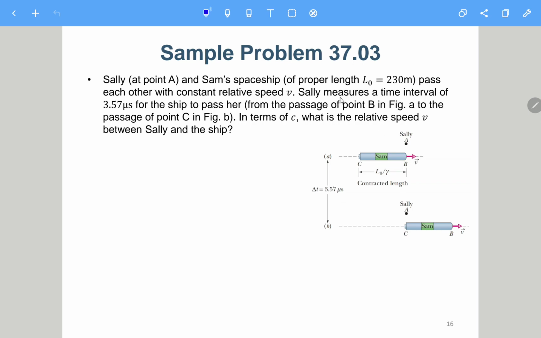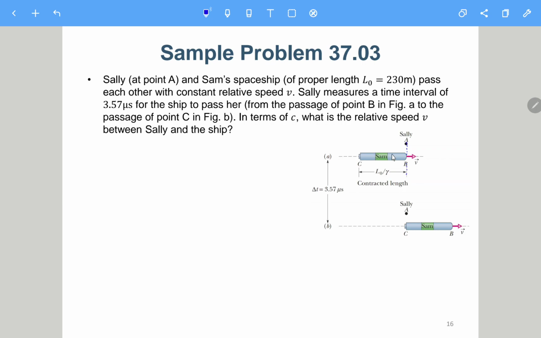Sally measured a time interval of 3.57 milliseconds, which means there is a sensor here to detect. When the front of the starship comes to here, it starts to count the time.